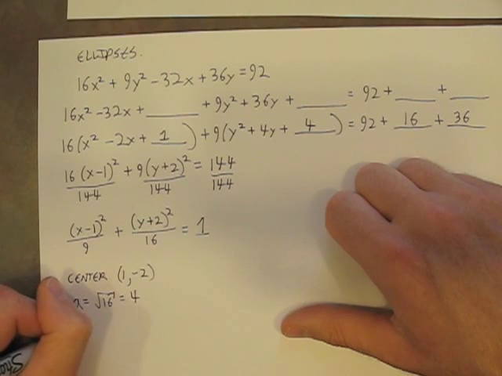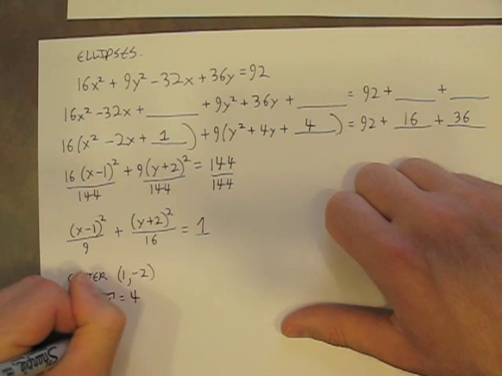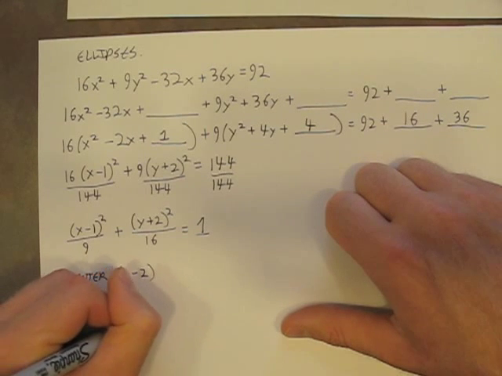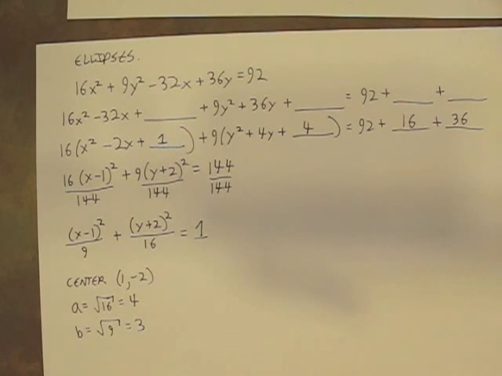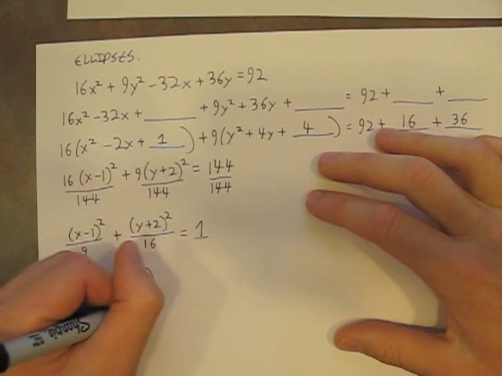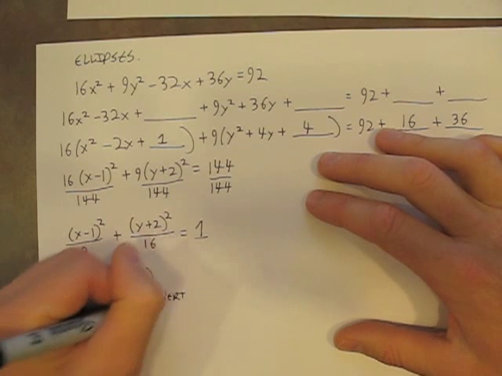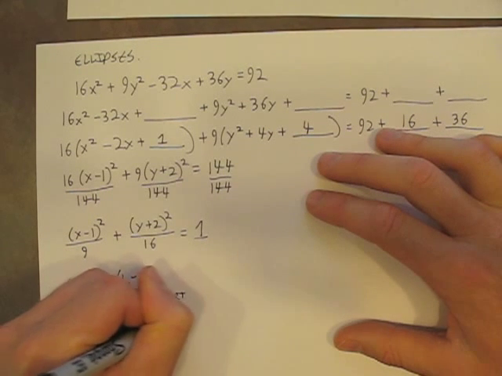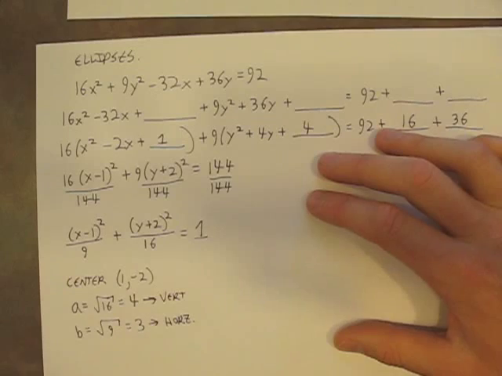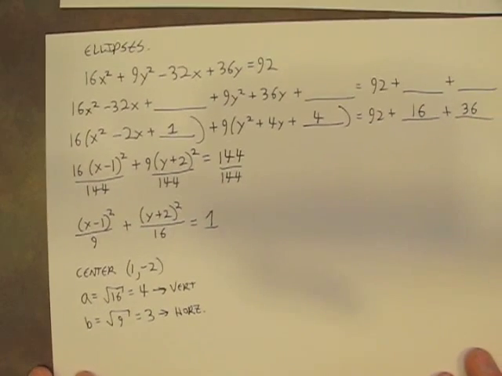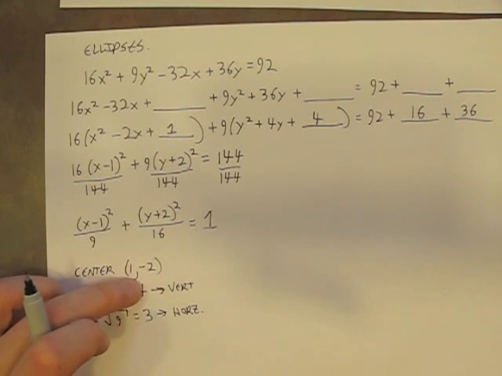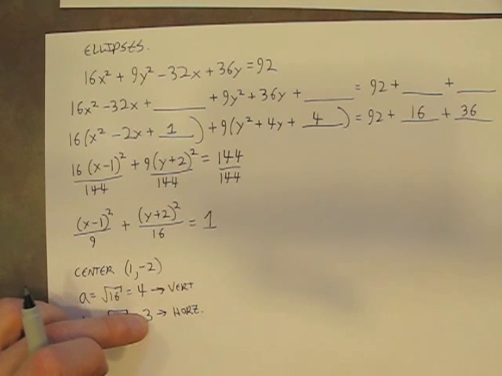My semi-minor axis is going to be the square root of 9, which is going to be 3. So this is going to be my vertical, this is going to be my horizontal. So my ellipse is going to be a little bit taller than it is wide.